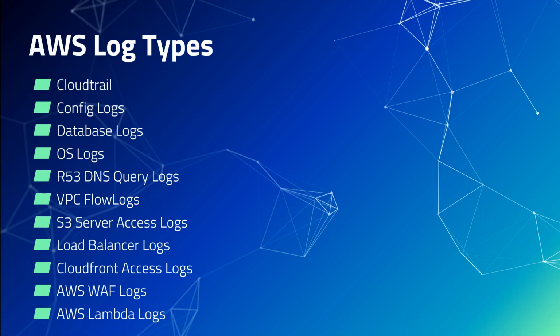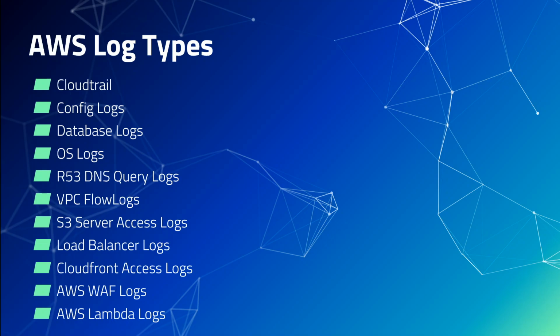AWS Config provides a detailed view of the configuration of AWS resources in your account, examines the resource configuration periodically, and tracks configuration changes that were not initiated by the API. You should enable AWS Config in each region where you have resources deployed. And whenever any security event happens, I would highly suggest you check it in AWS Config.